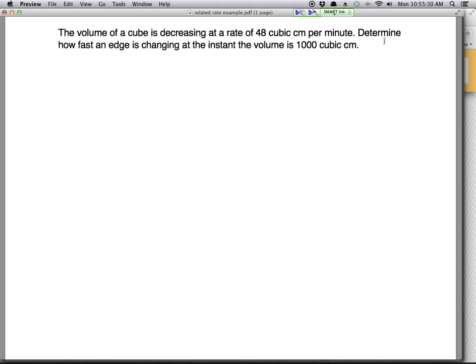All right, next problem. Cube. It says the volume of a cube is decreasing at a rate of 48 cubic centimeters per minute. Stop right there and think about that. Don't blurt anything out. I want you to think about that and figure out in your head what it is they just gave you. Garrett, do you know what they just gave me? You're decreasing at a rate of 48 cubic centimeters per minute.